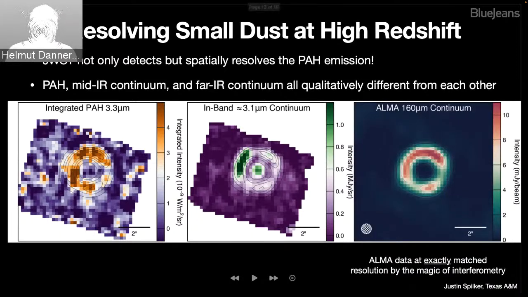And that's also true for the longer wavelength emission that we observe with ALMA, which is arising from the much larger dust grains. So it seems like we have these very clear offsets between the smallest dust grain emission and the largest dust grain emission, and we're still trying to understand exactly what that means. If you have thoughts, there are definitely people in this room who know more about PAHs than I do. I would love to hear thoughts.